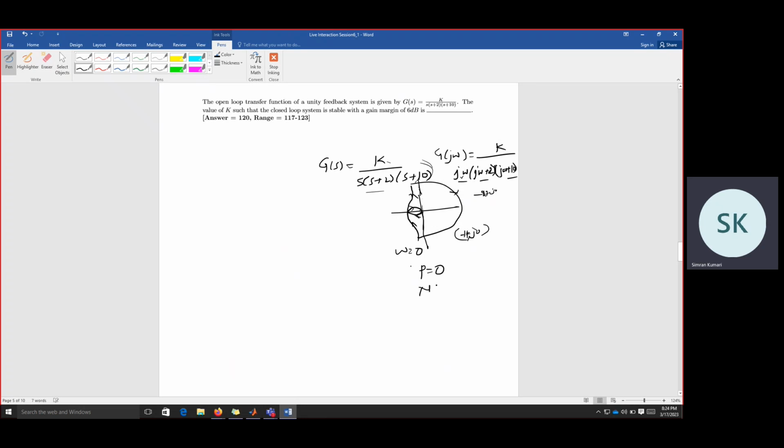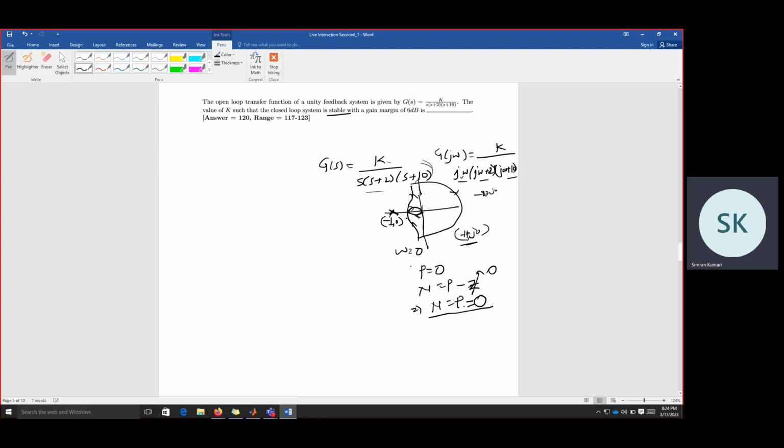N should be equal to P minus Z, and it is said that the closed loop system is stable, so Z is equal to 0. So N should be equal to P, and P we know is 0. So the number of encirclements should be 0, which means this point should be outside this region. Suppose this is the point minus 1, 0.